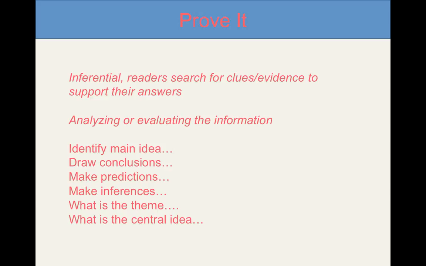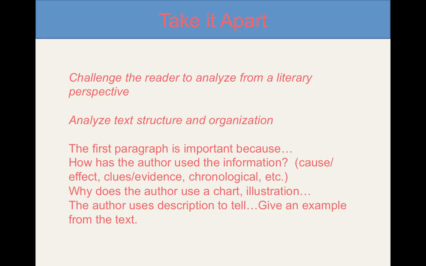So they have to identify the main idea, draw conclusions, make predictions, but all of this has to be based on what evidence from the text made you do this. So you can't just take an off-the-wall prediction and put it in there and say it's right. Oh, it's asking me a prediction, so that's my opinion. No. What is the theme? What is the central idea?